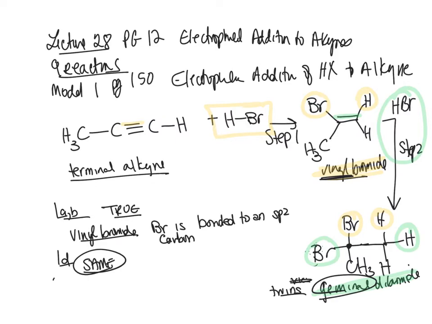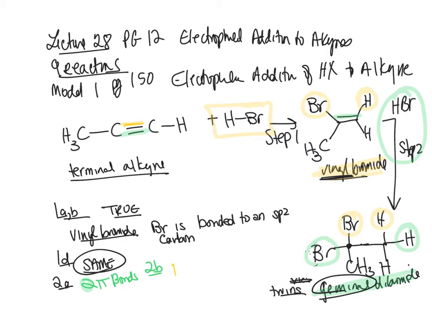Okay, let's answer 2A. How many pi bonds does an alkyne have? Did you say 2? 2 pi bonds. Okay, 2B. In the example in Model 1, how many pi bonds are reacted in step 1? Just one.